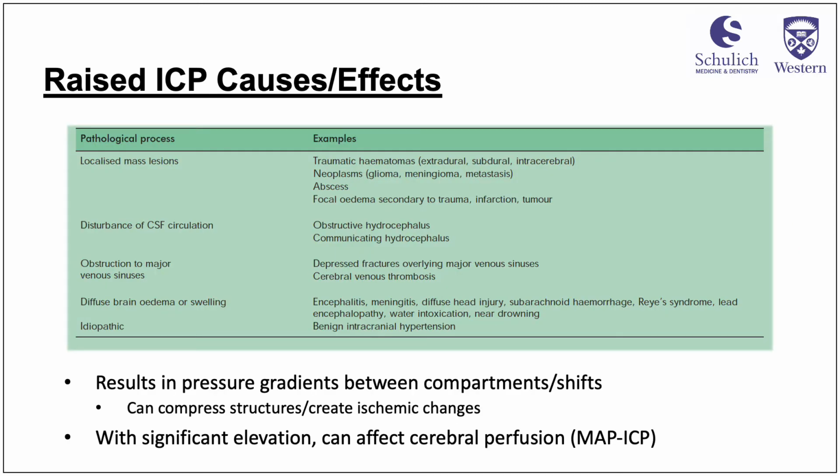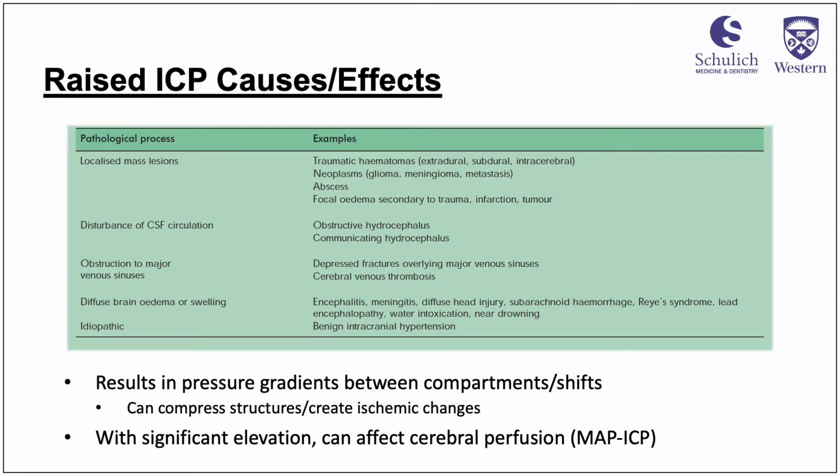So there are many reasons why you can have a raised intracranial pressure. Generally, we focus on that first category shown in this table, which is things like hematomas, subdural or epidural, and tumors, whether they're primary like a glioma or metastasis, and then infections such as an abscess.